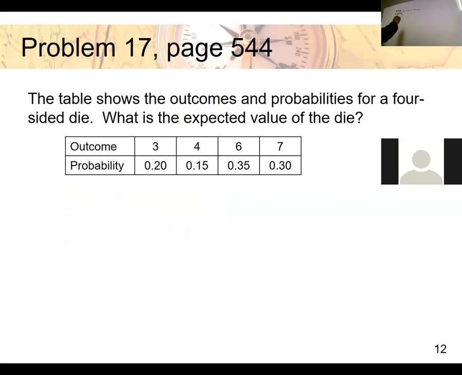So in this case here, let's say the outcomes are 3, 4, 6, and 7, with probabilities 0.20, 0.15, and then 0.35 and 0.30.